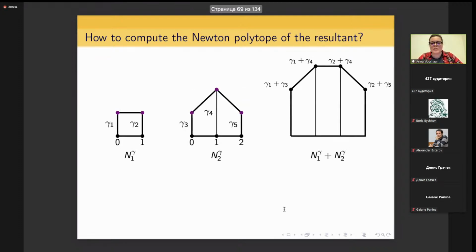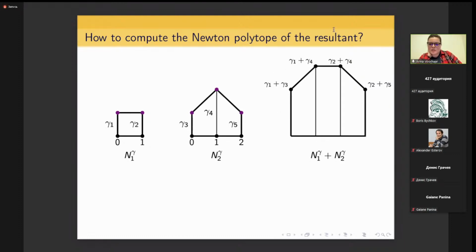So for example, in this case, if you take this covector and these heights, I put them for convenience next to each of the sticks.